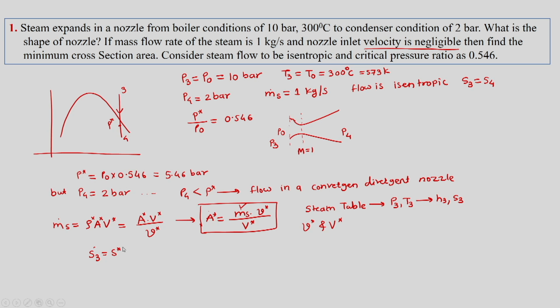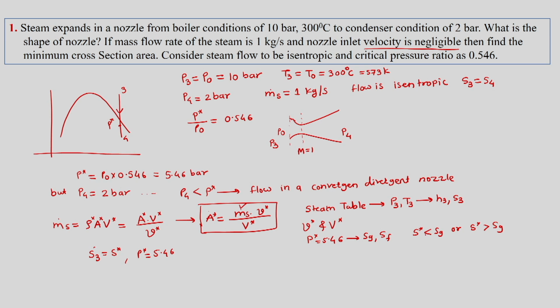Knowing this, and further we know P star is equal to 5.46, we will go to the steam table and see for P star equal to 5.46, what is the SG and what is the SF. Now, we will see if S star is less than SG or S star is more than SG.